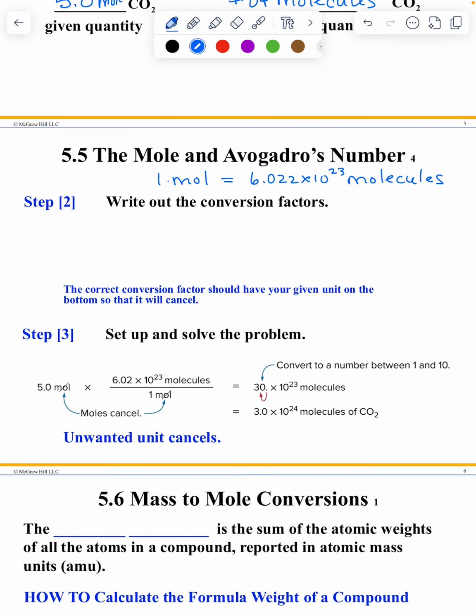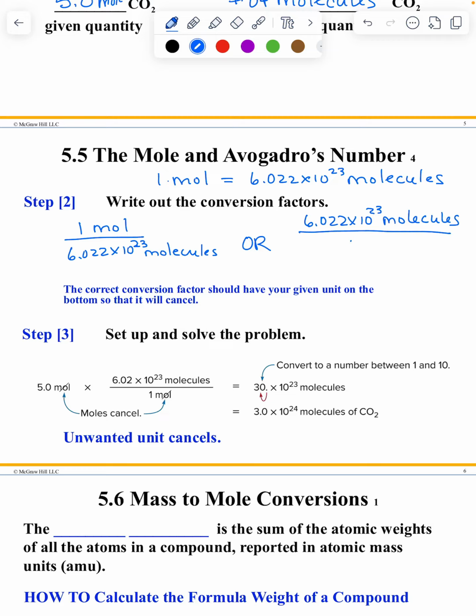We are going to turn this into a fraction, and so we can have 1 mole on top over 6.022 times 10 to the 23rd molecules. Unfortunately, there's no abbreviation for molecules. Or we could write it the other way, 6.022 times 10 to the 23rd molecules over 1 mole. So these are our 2 conversion factors that we can get from the relationship between mole and molecule.